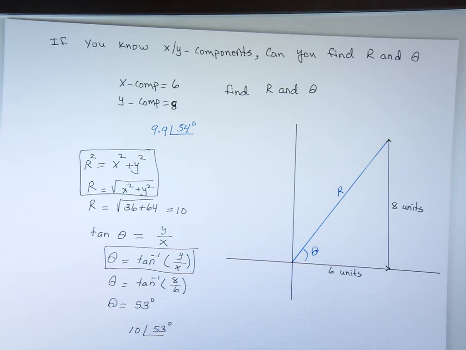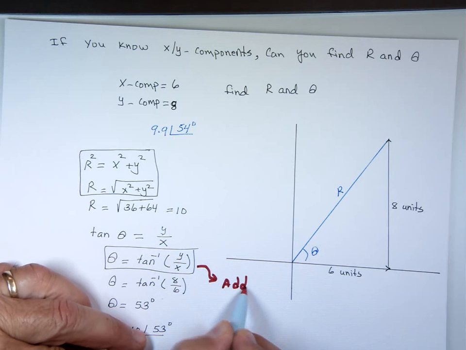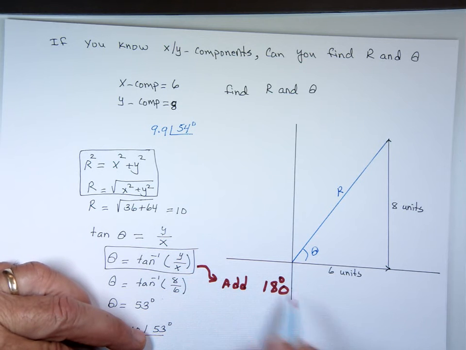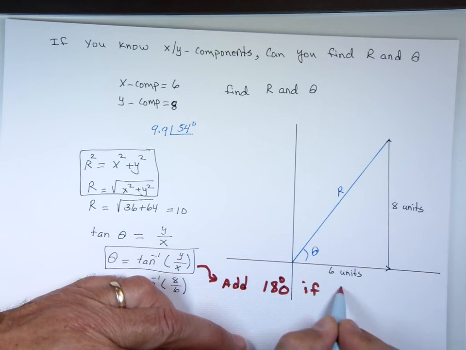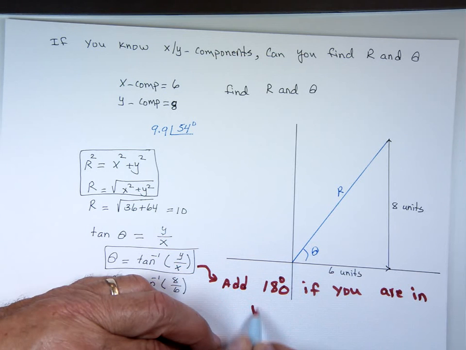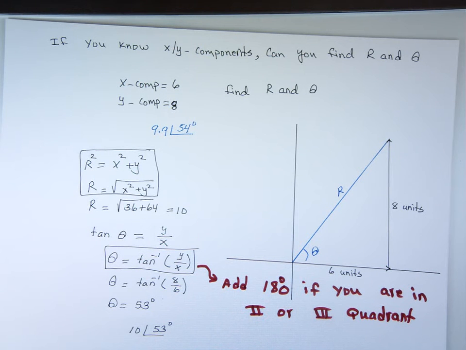So if you are in the second or third quadrant, make sure you add 180 degrees, 180, not 18. Well, how do you know you're in the second or third quadrant?